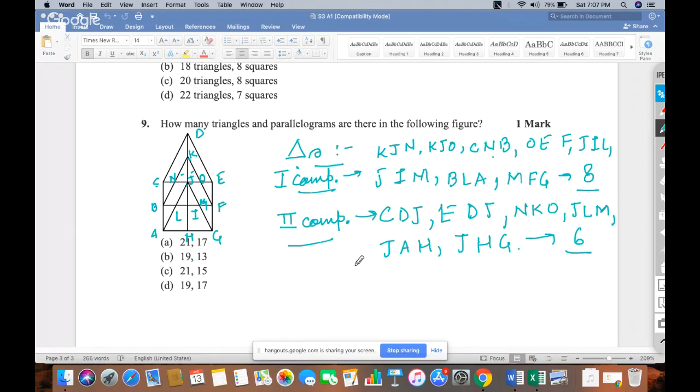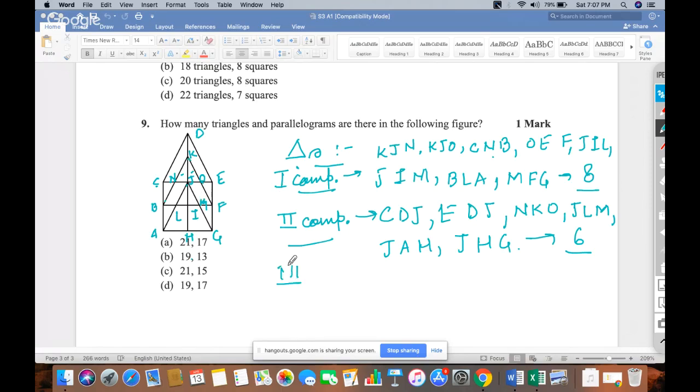So with one component I had 8, with 2 components I have 6, can I do it with 3 components? By 3 components, I mean 1, then 2, and then 3. So BKI looks to be one particular triangle.